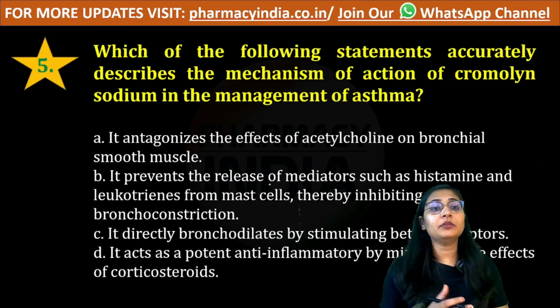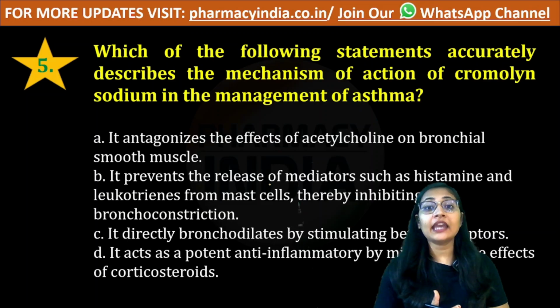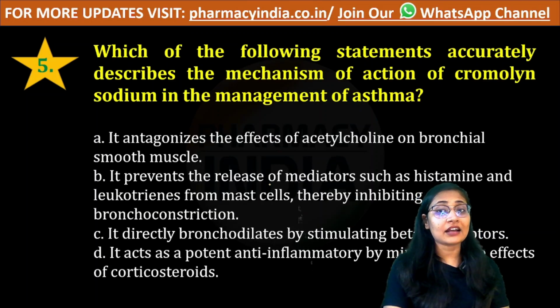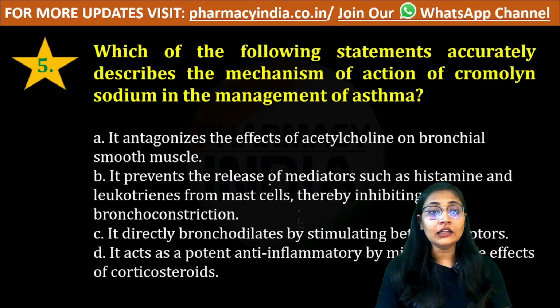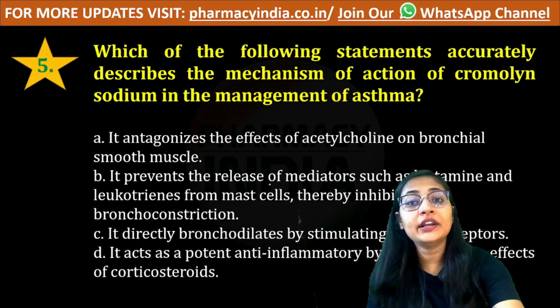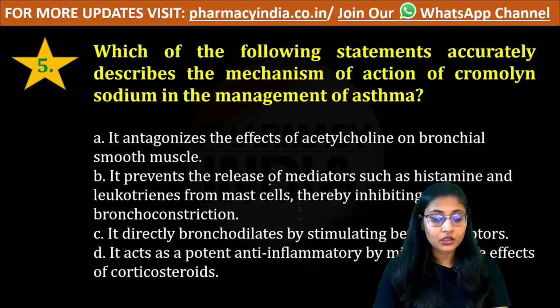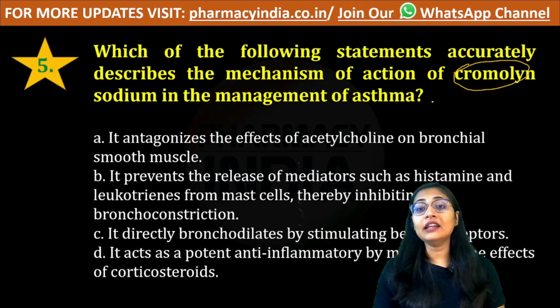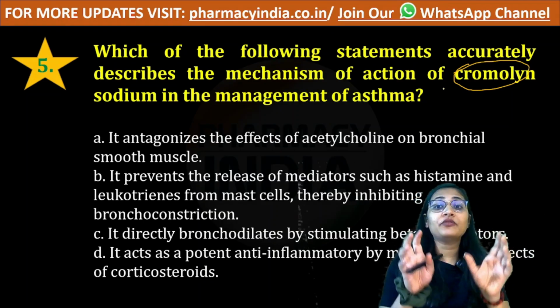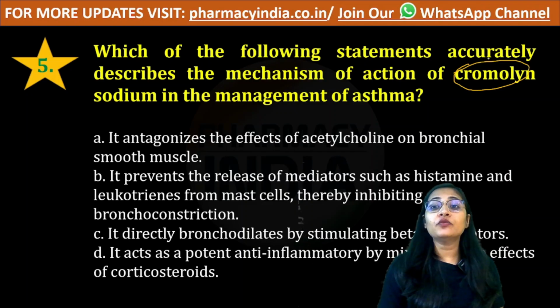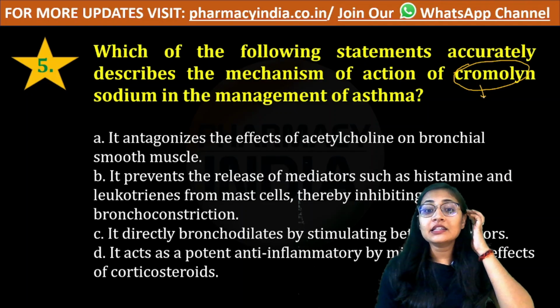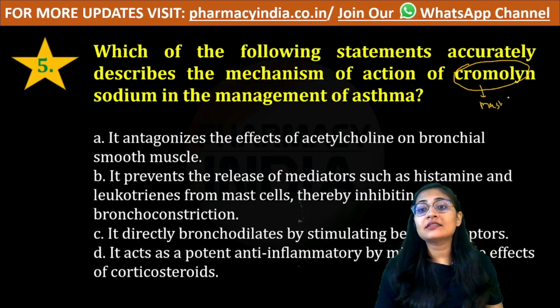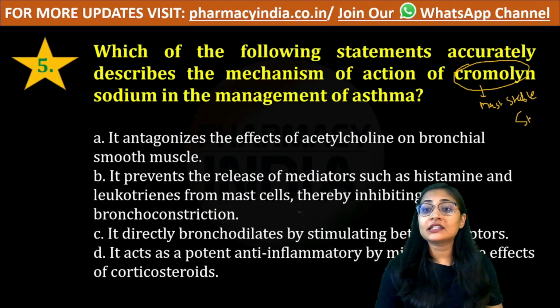Next, question number 5. Which of the following statements accurately describes the mechanism of action of cromolyn sodium in the management of asthma? Here, the question is asking about the mechanism of action of cromolyn sodium. So, if you recall the classification of the drugs that are used in asthma, you would recall that cromolyn is a mast cell stabilizer.